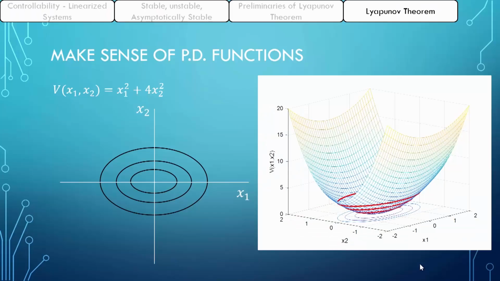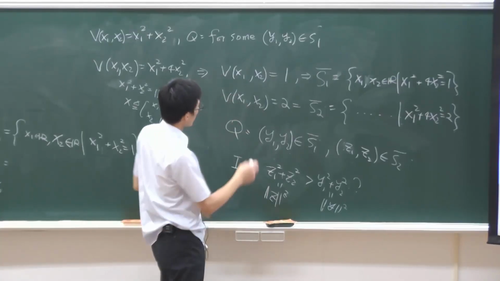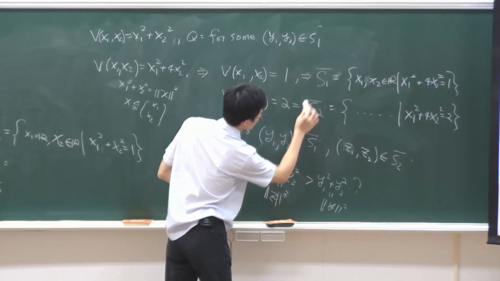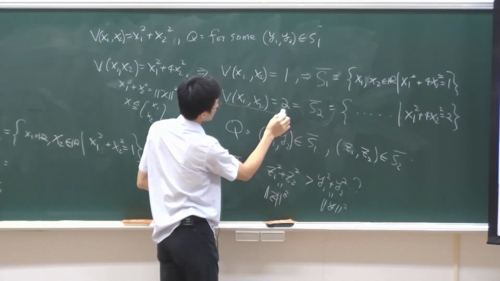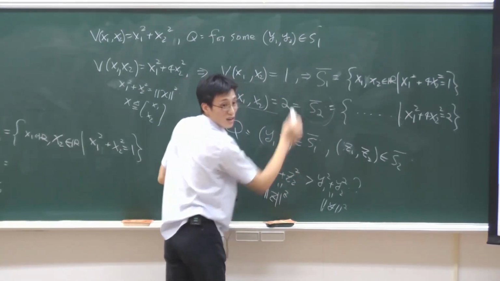You can consider it a satellite traveling in this orbit and a different satellite traveling in that orbit. Is the distance of this satellite to Earth always greater than that of the other satellite to Earth? Is that true or not? Really? Intuitively it seems so, right? This tells you that in this set, the v value is greater than in this set, right?